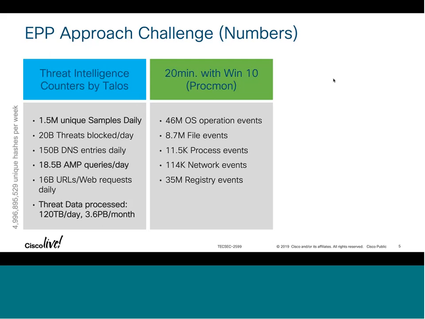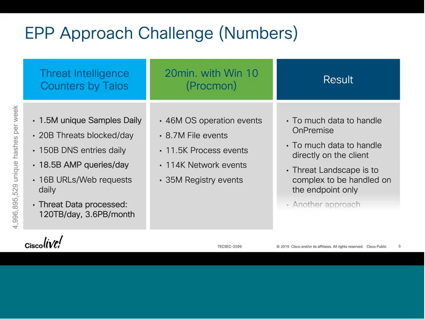And just from a counter level, this is not possible. Every time there is a change on your disk, your endpoint would have to query billions of hashes to figure out if the hash is good or not. This is not possible.